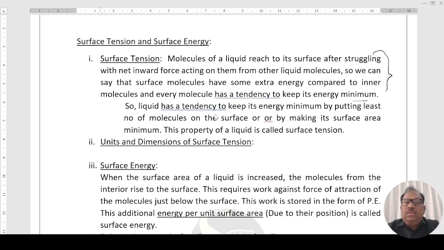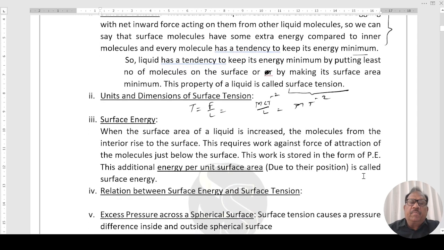So liquid has a tendency to keep its energy minimum by putting the least number of molecules on the surface, or by making its surface area minimum. This property of liquid is called surface tension. Mathematically, surface tension T equals F by L, with dimensions MT^-2.